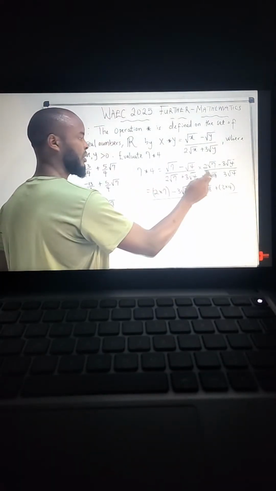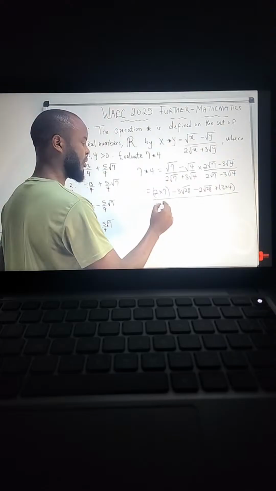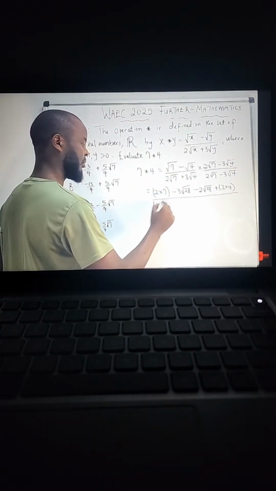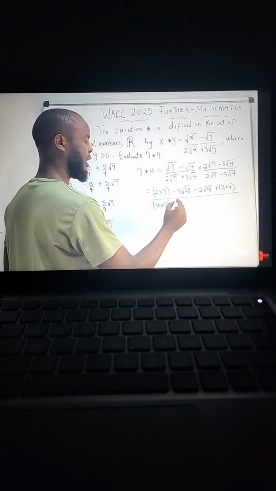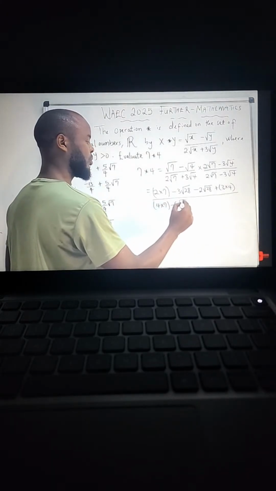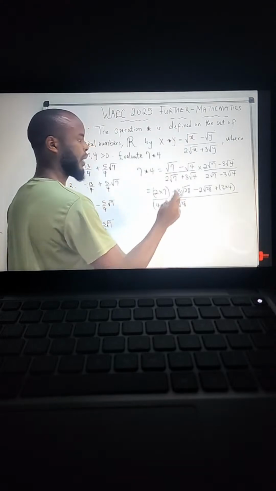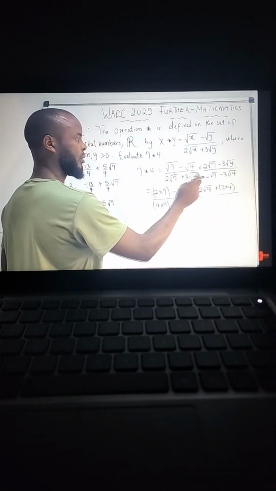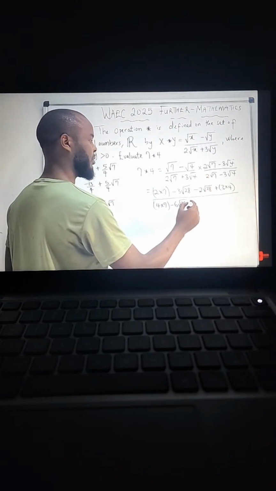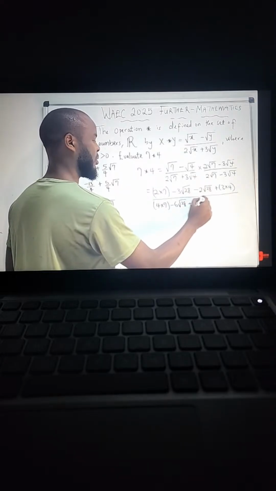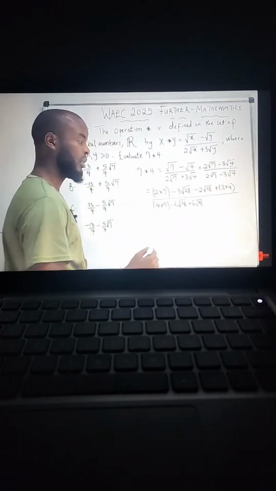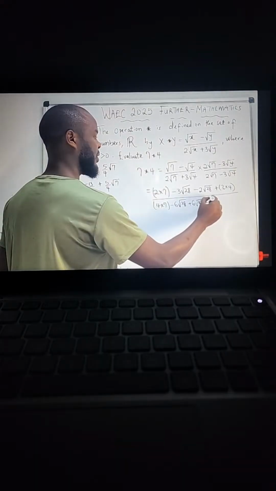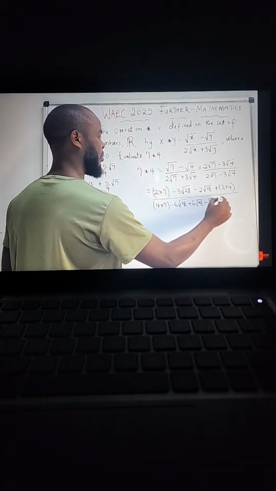Now, 2 root 7 times 2 root 7, you have 4 times 7. 2 root 7 times negative 3 root 4, here we have 6 root 28. The same thing here, plus 3 root 4 times this, you have plus 6 root 28. 3 root 4 multiplied by negative 3 root 4, we have negative 9 times 4.